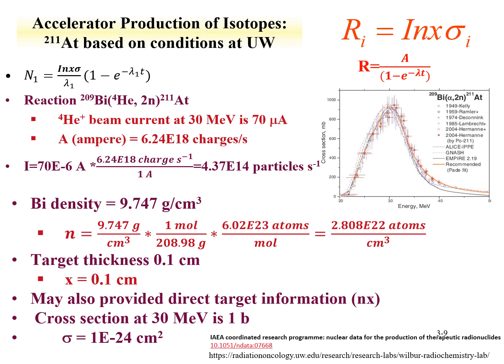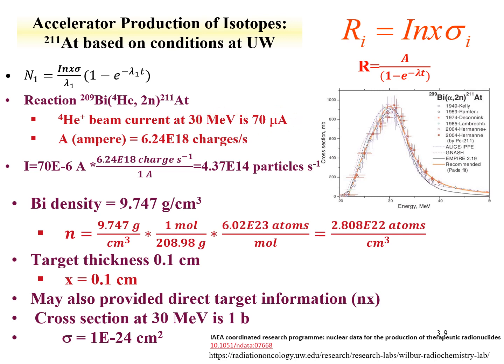So for the production of astatine-211, which is used as a radiopharmaceutical, the reaction includes a bismuth target, a helium projectile, 2 neutrons come off, and the product nuclei astatine-211 is produced. The helium beam is monovalent, and at 30 MeV, it has a beam current of 70 microamps for this accelerator.